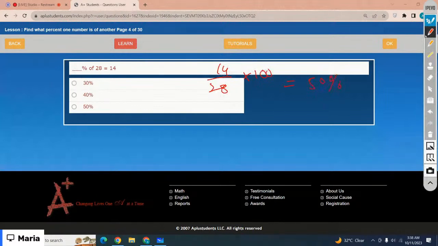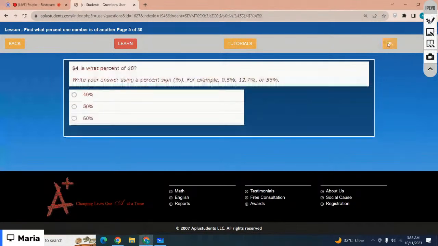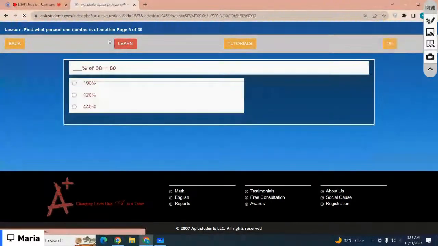The correct option is 50%, right? $4 is what percent of $8? 50% it is, right? Because 4 is half of 8. Okay, you can complete the lesson by yourself later today.